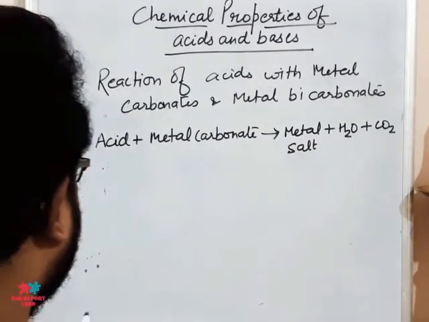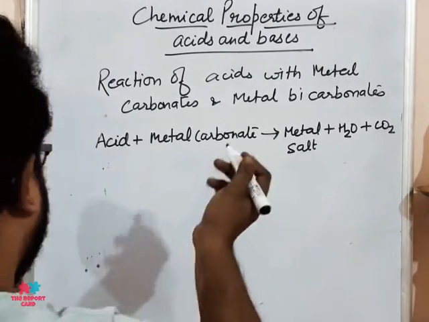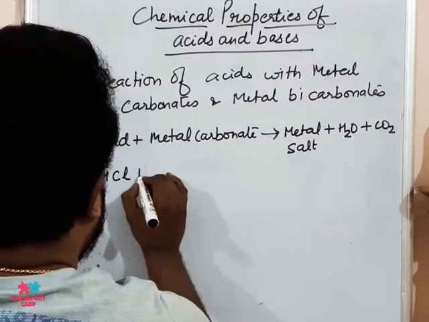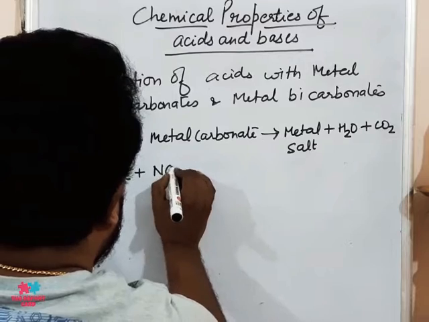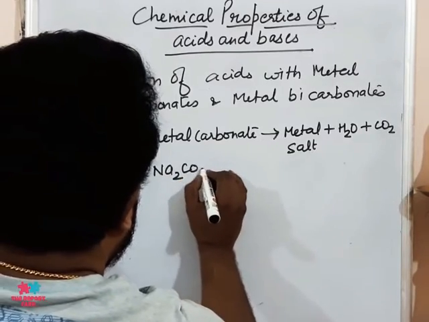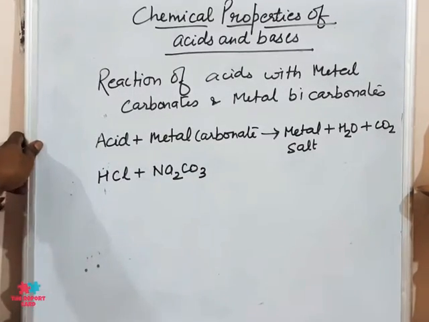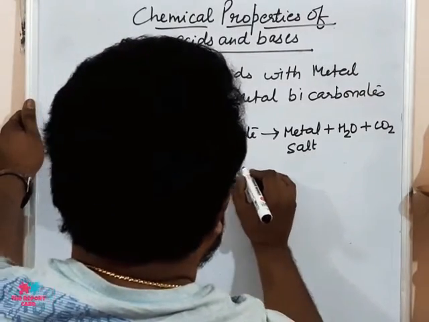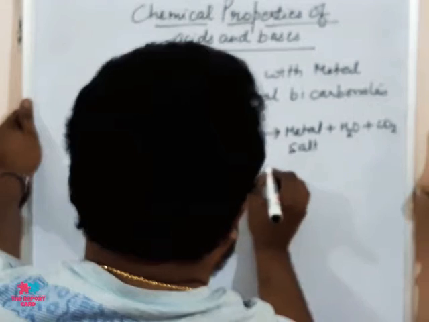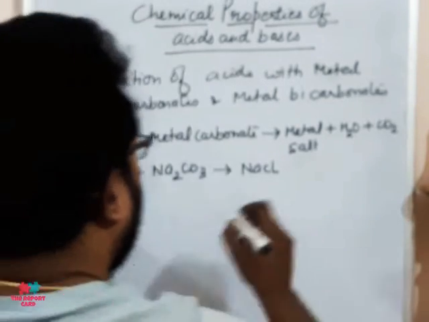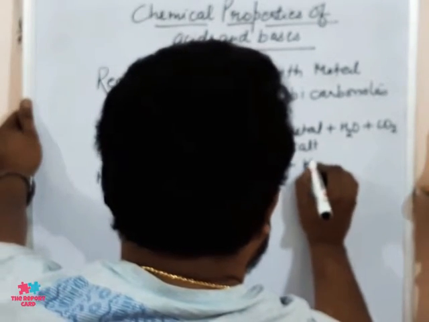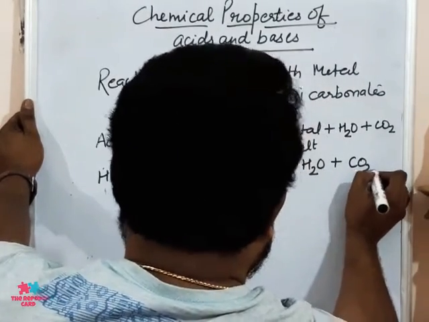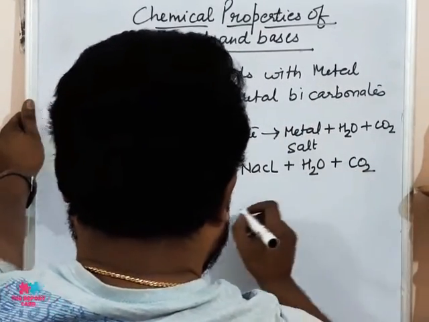Okay, so let us just take up one example. Let's take HCl, hydrochloric acid, added to sodium carbonate. Now what will happen? Metal salt, that is NaCl, plus water plus carbon dioxide is formed.